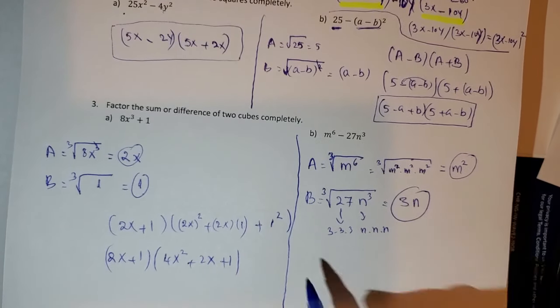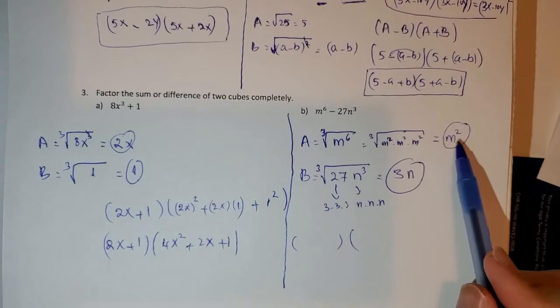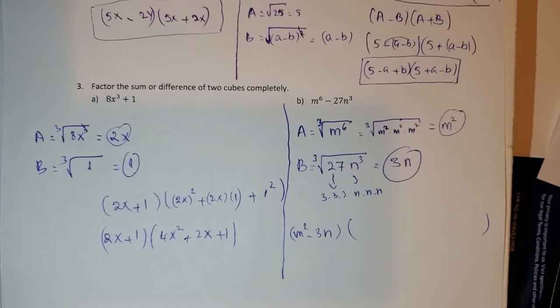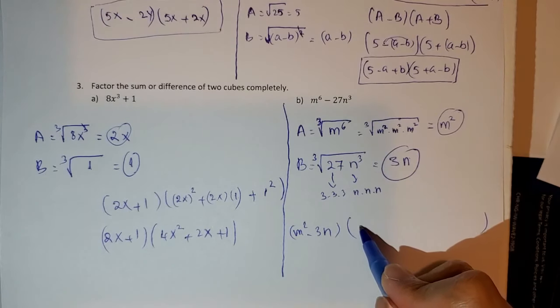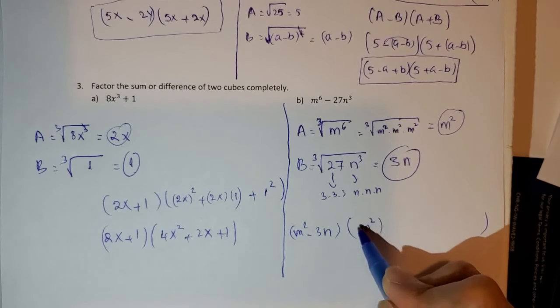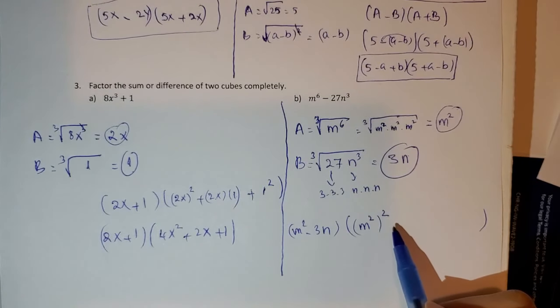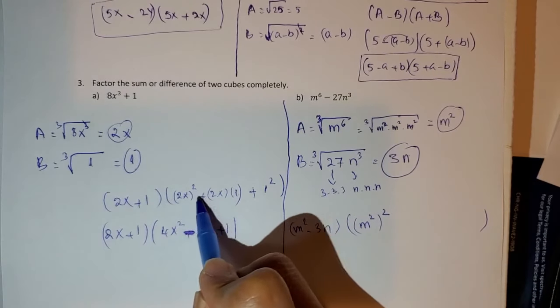Now the formula for this one is going to be 1 small parenthesis and 1 big parenthesis, right? So it's going to be a minus b, and then it's going to be a squared. Your a here is m squared, so m squared represents your a, so a squared. And, oh, this one should be minus. The formula is minus.